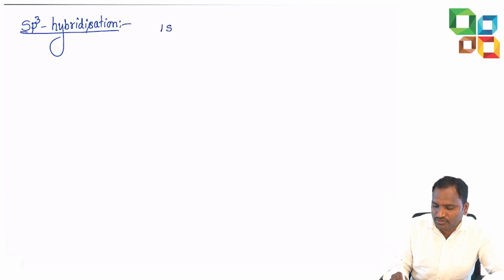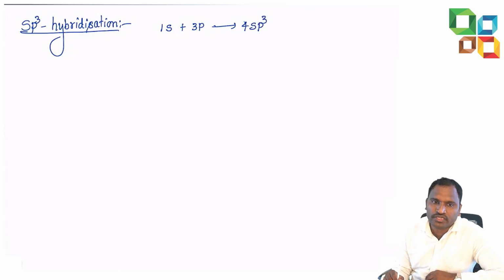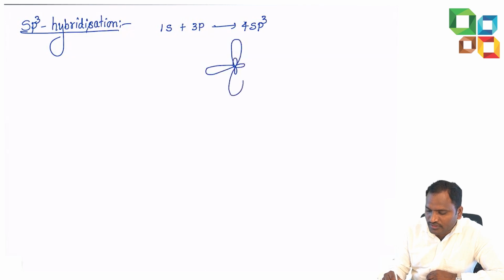One s orbital and 3 p orbitals form how many sp3 hybrid orbitals, students? 4. 4 sp3 hybrid orbitals. These 4 sp3 hybrid orbitals are oriented in a tetrahedral manner.